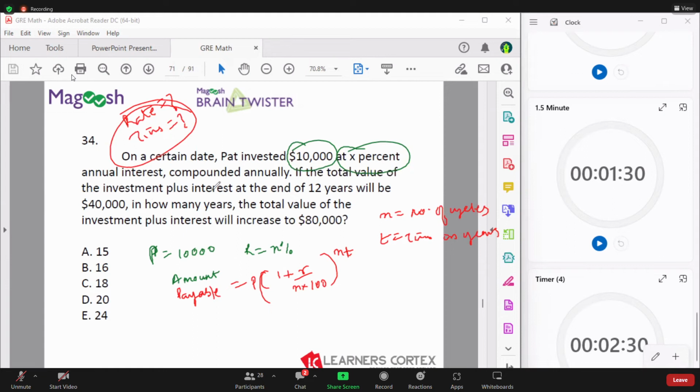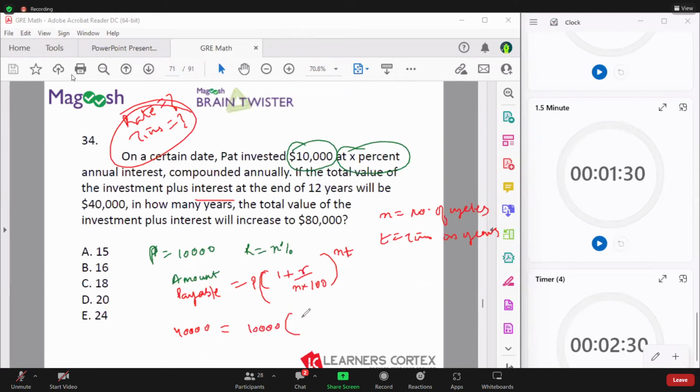Now here it says the investment plus interest, so amount payable is basically investment plus interest at the end of 12 years will be 40,000. So in 12 years, it becomes 40,000 from 10,000.